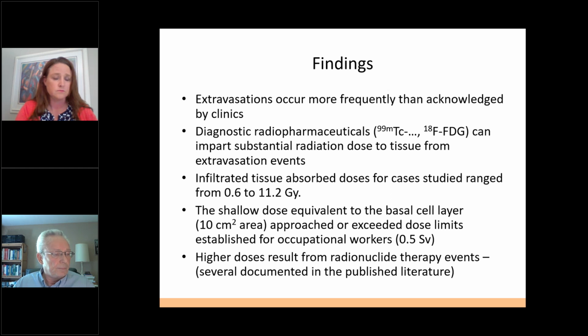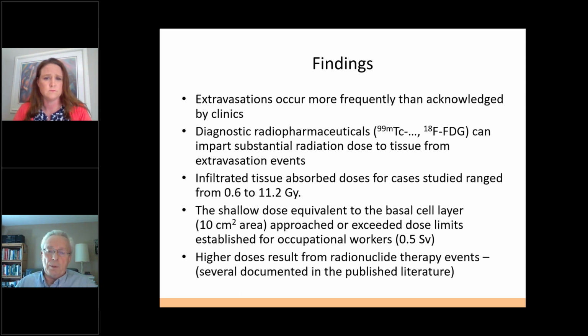So the paper by Osborne et al. this year highlighted several important findings. For example, extravasations occur much more frequently than appreciated by many clinicians.